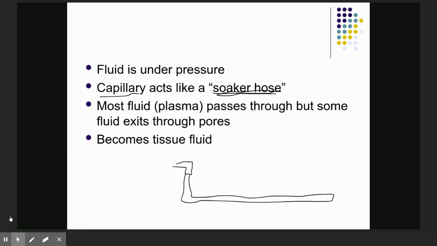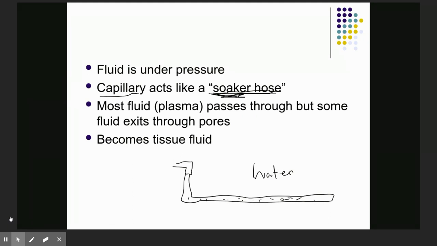It's just full of little tiny holes. So the water goes through there, some of that water leaks out, and you use it to water your plants. So it soaks your plants. It's a soaker hose.